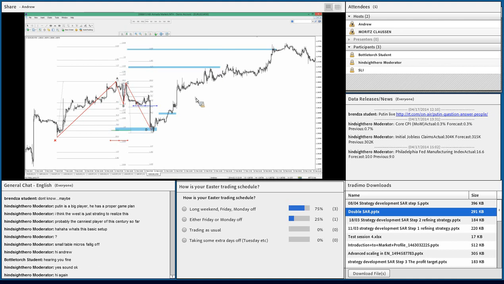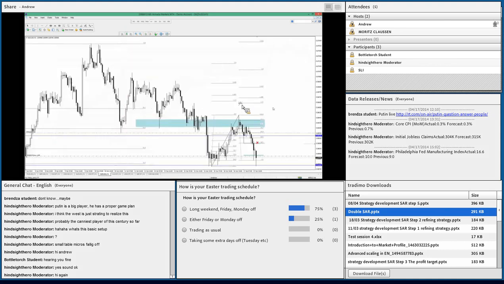Okay, now let's have a look at the New Zealand dollar here, because it's a live market trade. But this one, we've had a rally.